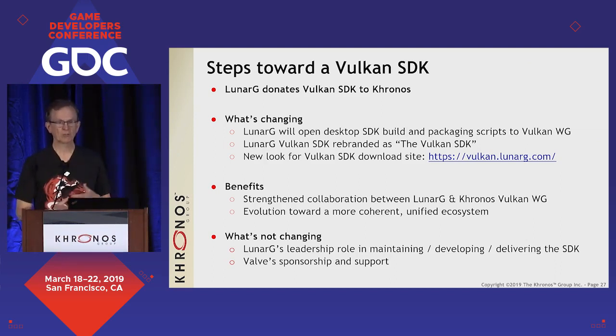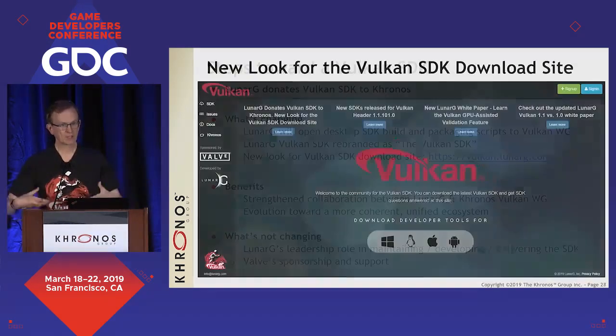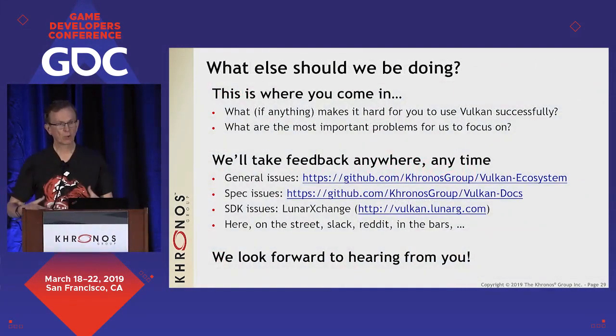So this is going to happen over time. All that has happened so far is that it's been reskinned. So if you go to the LunarG SDK website now, it's the Vulkan SDK rather than the LunarG SDK. But this is a first step, and then subsequent steps will have more working group involvement in helping to support and maintain the SDK, make it better.